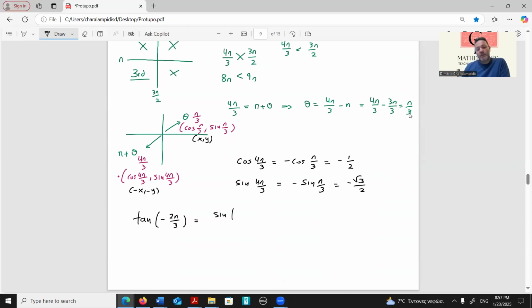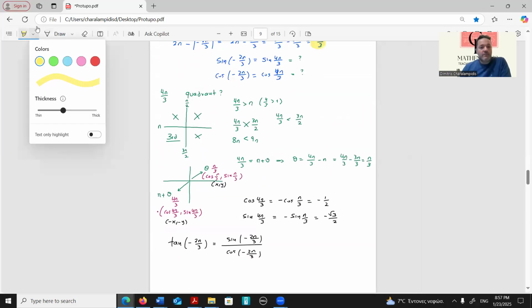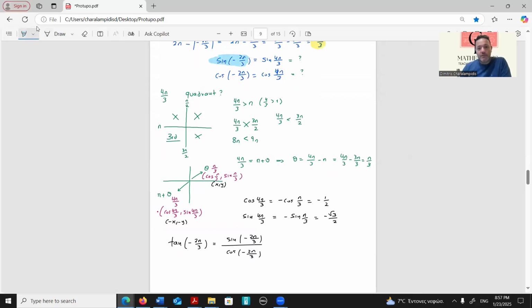That would have been sine of minus 2 pi thirds over the cosine of minus 2 pi thirds, but I managed to find that sine. Let's follow this: sine of minus 2 pi thirds would have been equal to sine of 4 pi thirds, which is equal to minus sine of pi thirds, which is equal to minus root of 3 over 2.